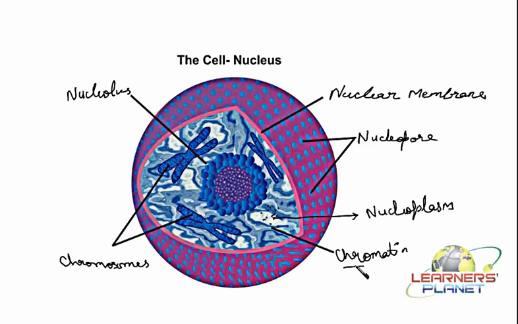Now many times they are not showing you this picture. They are simply asking you to draw the diagram of a eukaryotic nucleus, right? So in that case, you have to be clear about how this nucleus should appear. Drawing this diagram is not very difficult. You can easily do that if you practice just two or three times.